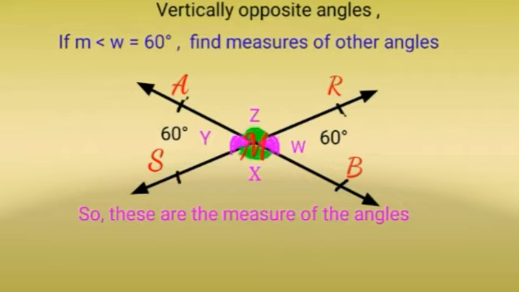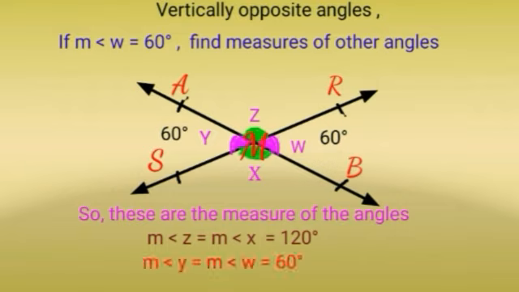So, these are the measures of the angles. Measure of angle Z is equal to measure of angle X is equal to 120 degrees, and measure of angle Y is equal to measure of angle W is equal to 60 degrees.